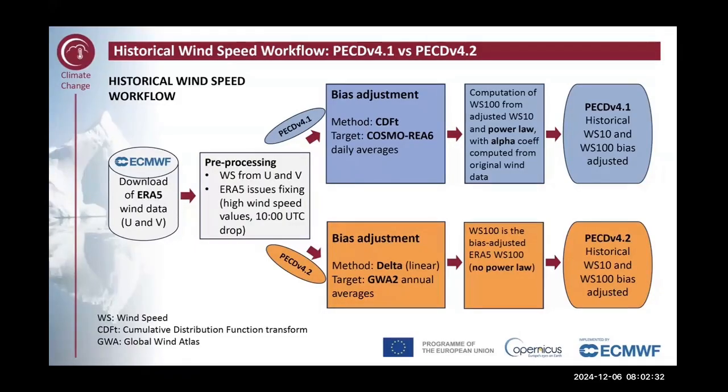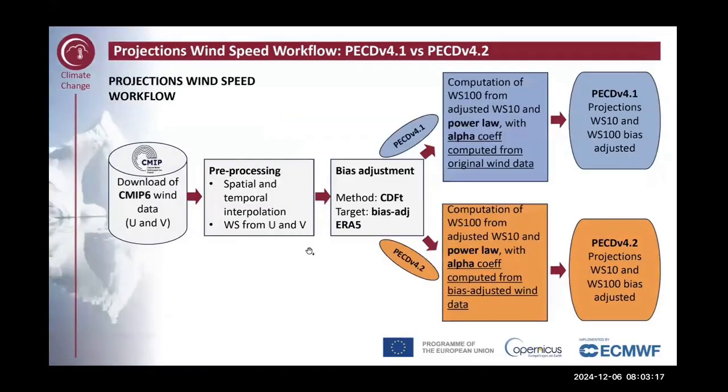Following the changes in the historical dataset, we also had to update the projection dataset. Specifically, we had to rerun the cumulative distribution function transform method for bias adjustment using the new reference dataset, adjusted, as we said, using the Global Wind Atlas.